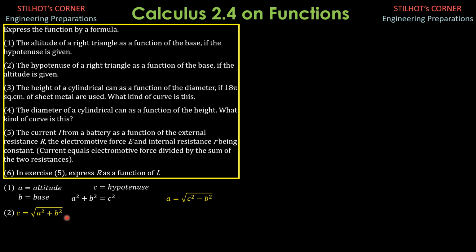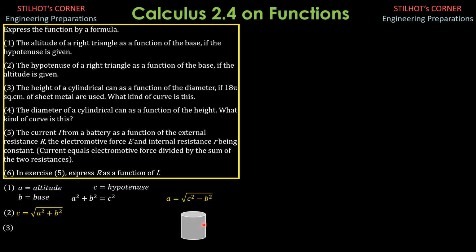The height of a cylindrical can as a function of the diameter if 18 pi square centimeters of sheet metal are used. So if this is the cylindrical can, this would be the surface area. We have two circles and this lateral area.